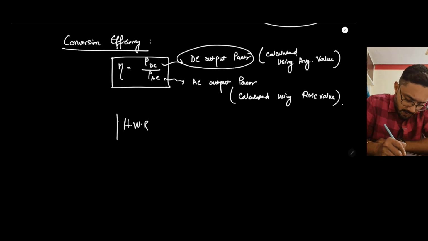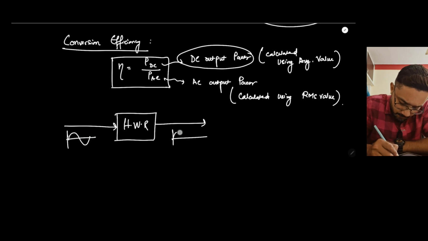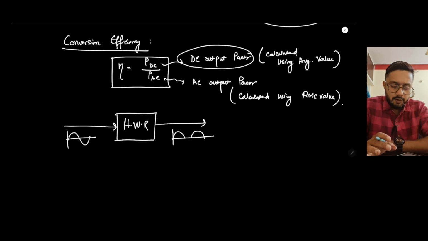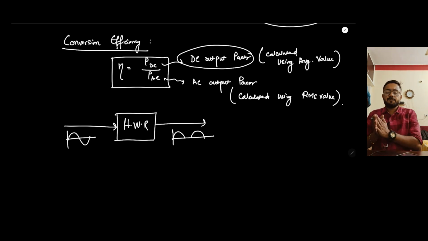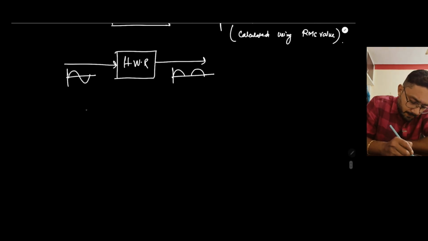Suppose this is a half wave rectifier. Obviously we have an input to the half wave rectifier like this, and the output will be like this. Now suppose the output of the half wave rectifier is connected to some kind of load, suppose an R load. This is only the circuit of the rectifier.